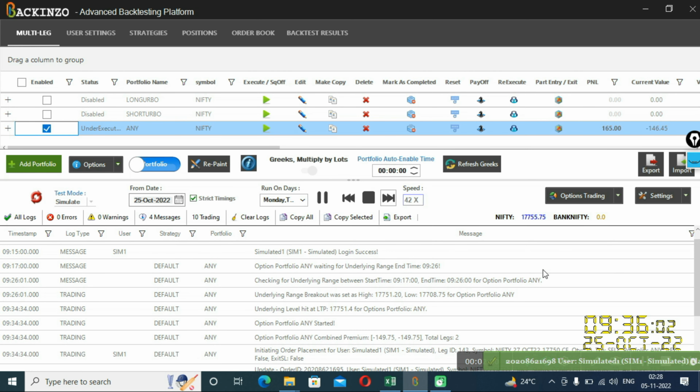So if you see here, 9:26 is your range end time and at 9:34 it got hit at 17,751, which is your high price. That means high price got breached first, and upon hitting the high price, you are standing on profit. So you can see your live PNL movement here under this multi-leg grid, right?